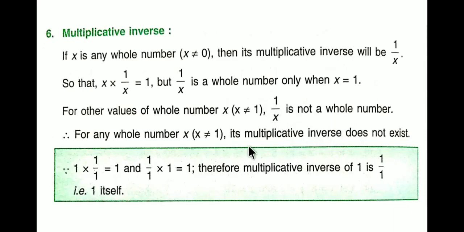So that's why it's mentioned here that multiplicative inverse does not exist if x is not equal to 1. So only if it is equal to 1, the multiplicative inverse will exist. So 1 by 1 times 1 is equal to 1, and 1 by 1 times 1 is also equal to 1. Therefore the multiplicative inverse of 1 is 1 by 1, that is 1 itself. Alright, I hope it's clear.